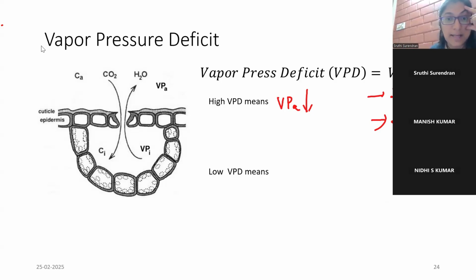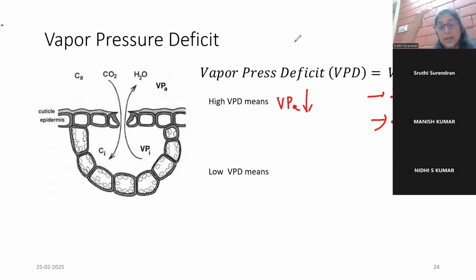Yes, it means that the air is dry. So if the air is dry, how will you talk about the relative humidity? What will you say, whether the air is humid, or less humid, or more humid? Yes. So the relative humidity is going to be low. RH is low.